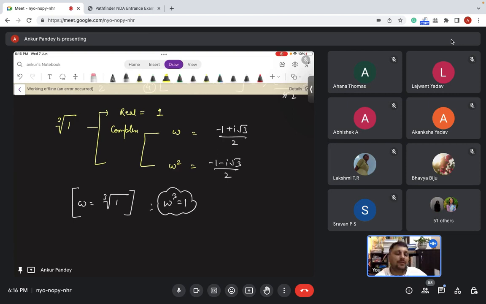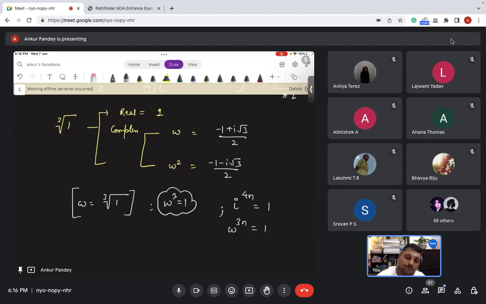So, as iota to the power any multiple of 4 is 1, in the same way, omega to the power any multiple of 3 is also 1. Please make a note.